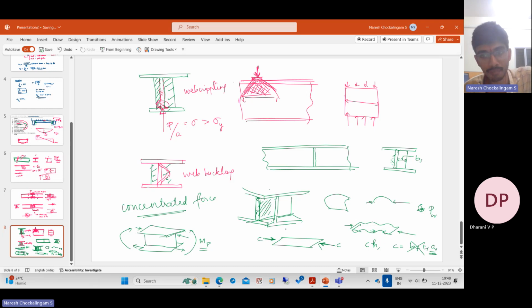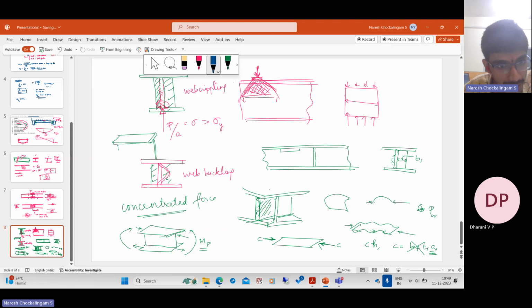To avoid buckling of the compression flange, people provide stiffeners for the compression flange. You can provide a horizontal stiffener along the compression flange. Take the compression flange like this, where the thickness is the weak direction, and this is the web. Attach a stiffener like this.